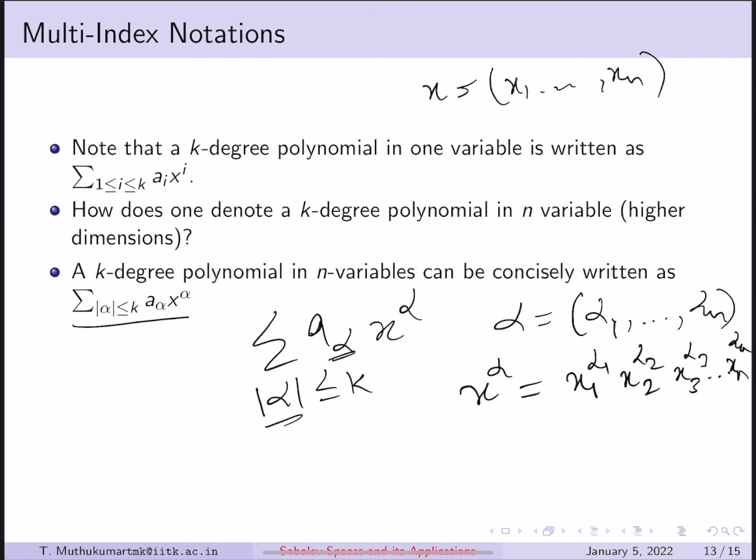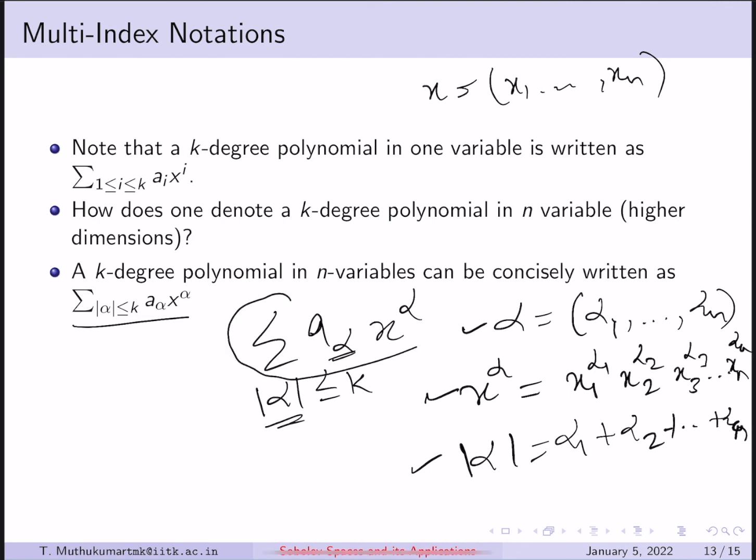And what is this mod alpha? It is nothing but the sum of these alphas. So if you introduce this notation, this or this describes a k degree polynomial. So this is the multi-index notation.